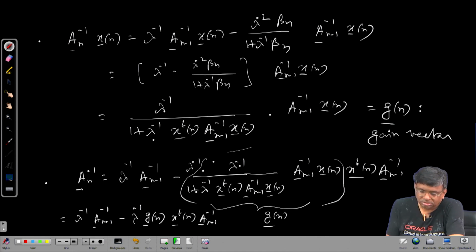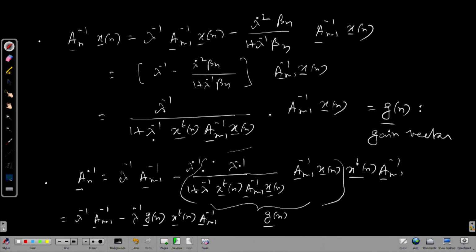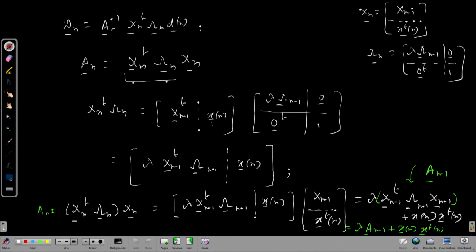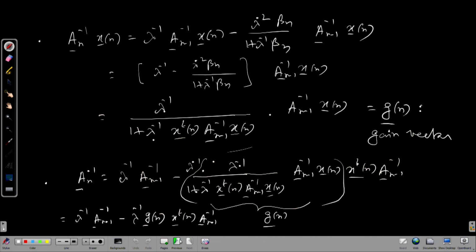There is an extra term. Okay, this is the most important thing, because in that formula, it is A n inverse that comes. So, W n has A n inverse, W n minus 1 has A n minus 1 inverse. So, I have to relate A n inverse with A n minus 1 inverse, and that is what I have done. Using these results, we will now be generating W n from W n minus 1, that will give us a recursive relation. That is what we are aiming for, and that I will do in the next class. Please come prepared with this in the next class.